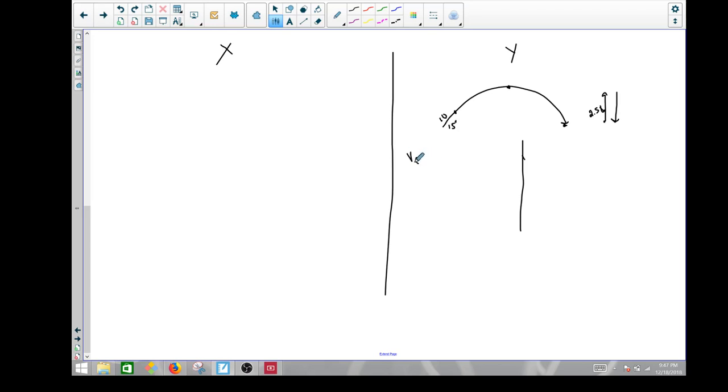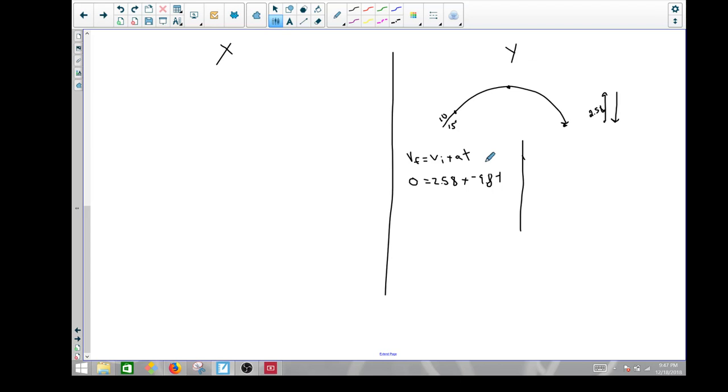VF equals VI plus AT. Now I'm only using the y component. Initial velocity is when y equals 0, equals initial velocity 2.58. My acceleration in the y direction is negative 9.8. And I'm solving for t. This is the time it takes for my y velocity to stop.